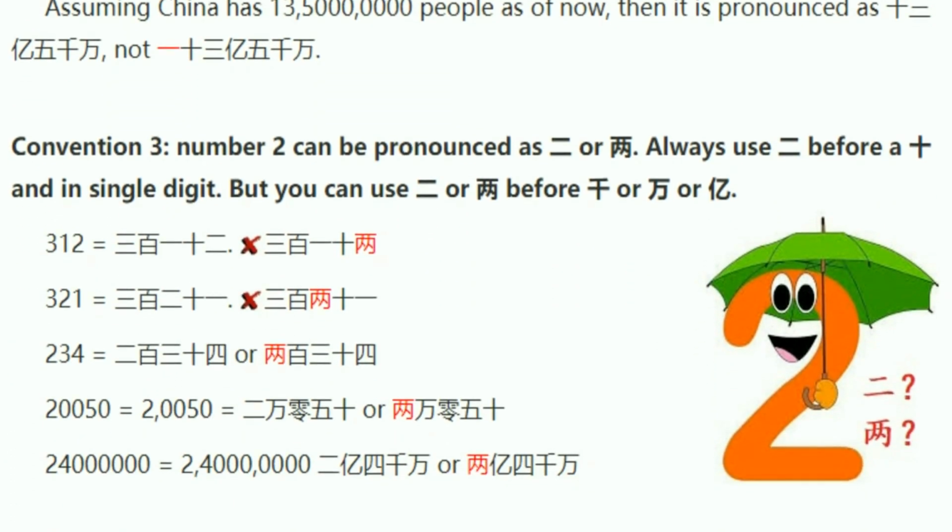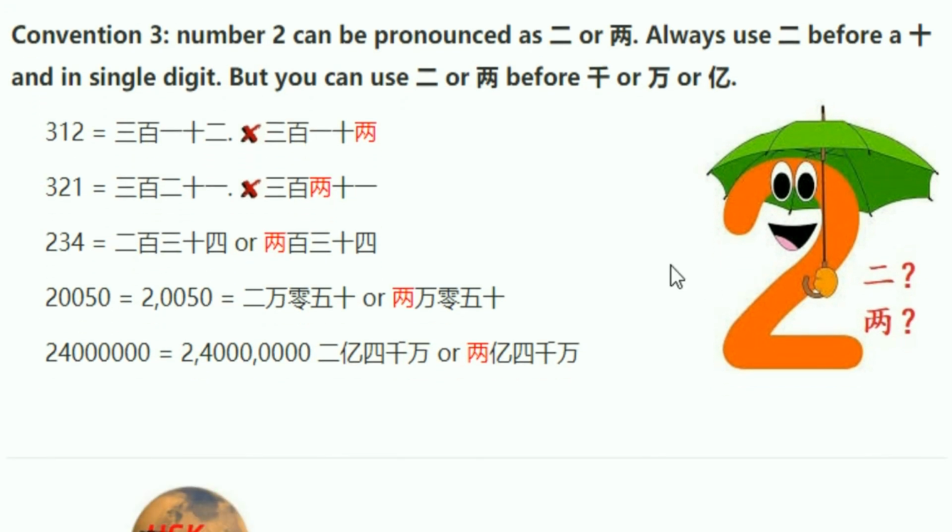Okay, convention 3. Remember, number 2 can be pronounced as either 二 or 两. This is interesting. We always use 二 before a 十, or in a single digit.